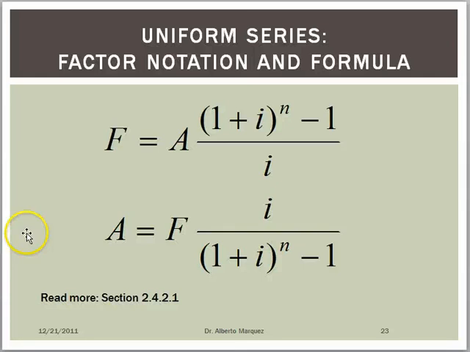Using those two factors and of course the amount that you're saving, you can figure out how much money you will have at the age of your retirement. Or also you can figure out how much you will need to save if you have a particular target for your retirement.